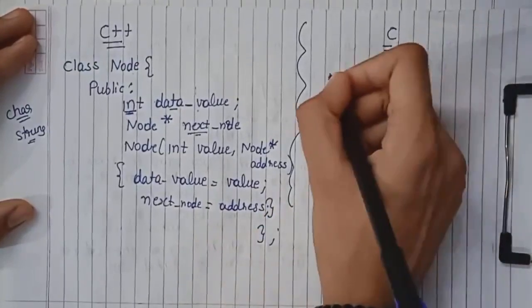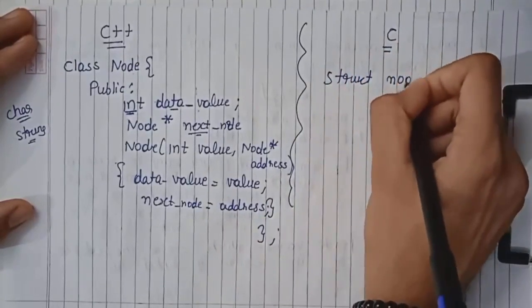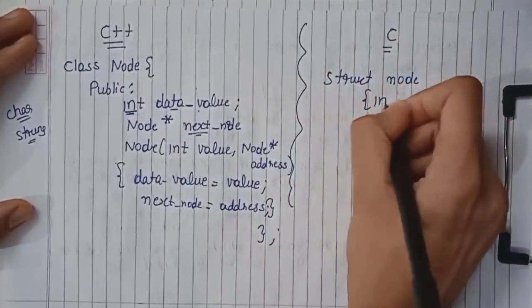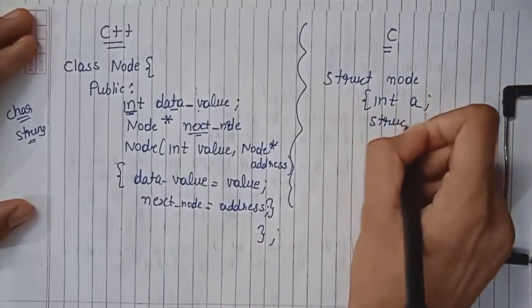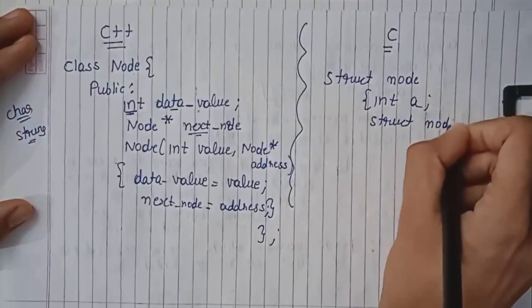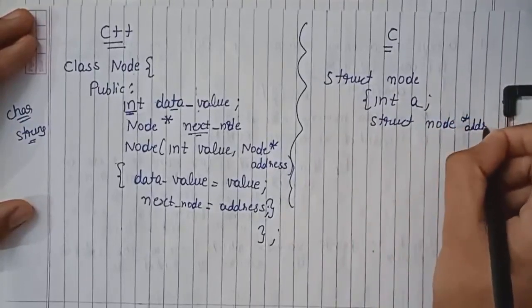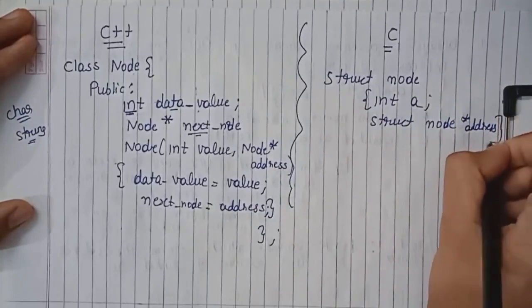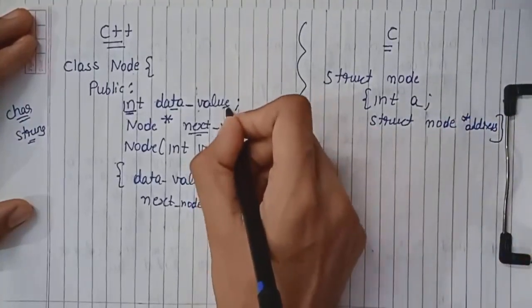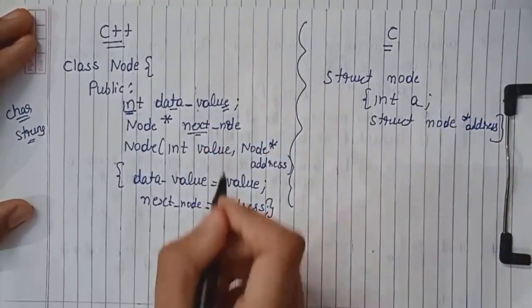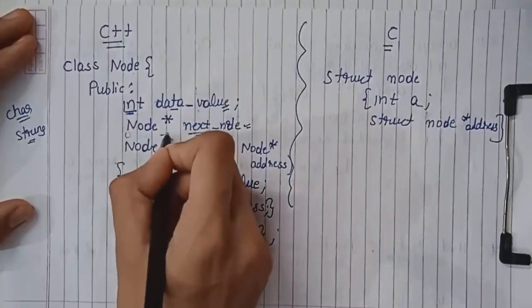And in C language we can use struct node, int a, struct node star address. You must first focus on these two things, that is the integer type data value and this pointer whose type is node star.